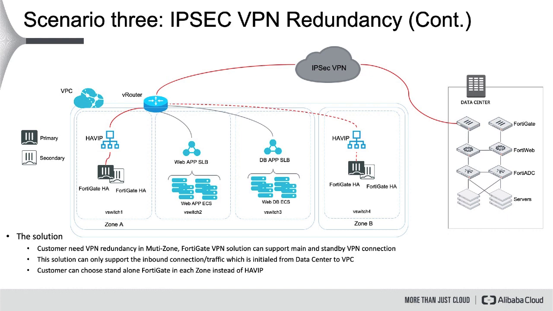And customer can configure the IPsec VPN redundancy that normally they connect to Zone A, and when the problem occurs or the zone has a really serious problem or outage, then it will automatically connect to another zone. This I think is also useful for some customers as well. The VPN redundancy feature is available in the FortiGate.